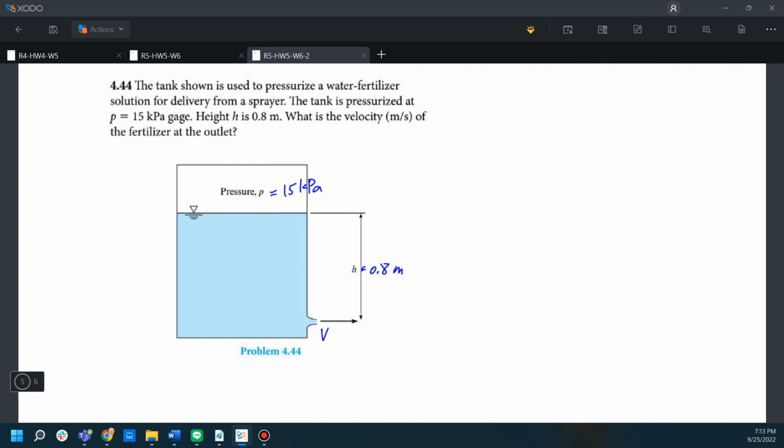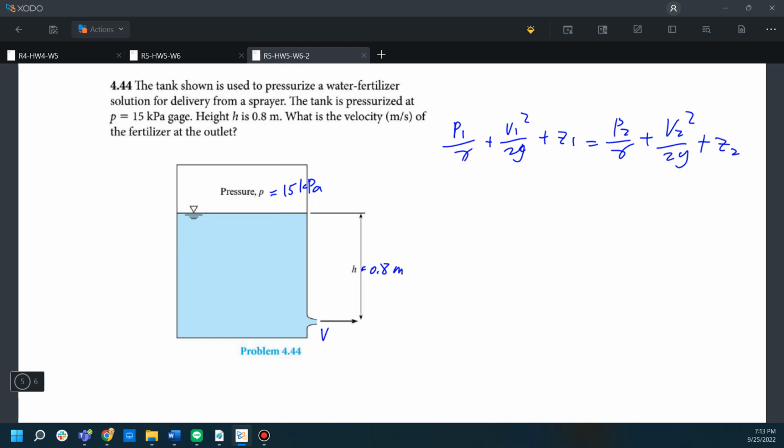So again, in this problem, we will also apply the Bernoulli equation. Let's first write that down. P1 divided by gamma plus V1 squared over 2g plus z1 equal to P2 divided by gamma plus V2 squared divided by 2g, the velocity term, plus z2. Cool.